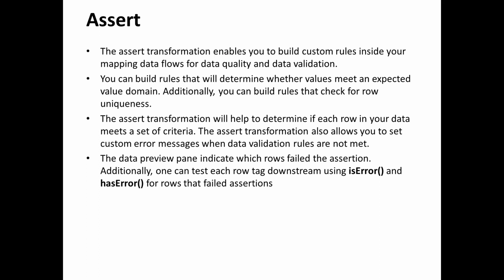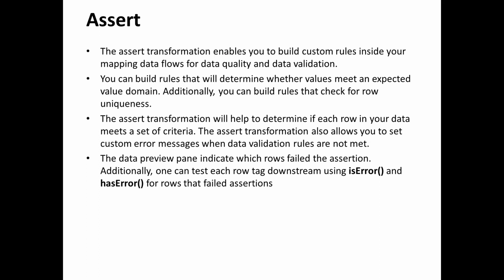Okay, so basically it allows you to build custom rules inside your mapping data flow for data quality and validation. For example, as I mentioned, salary has to be in integer format. If it's alphanumeric, it's not a valid record. Similarly, if a gender column is there, my process expects the gender to be either male or female, right?